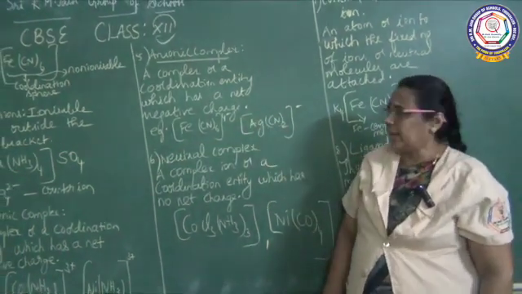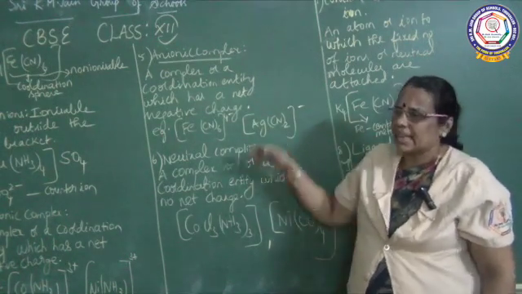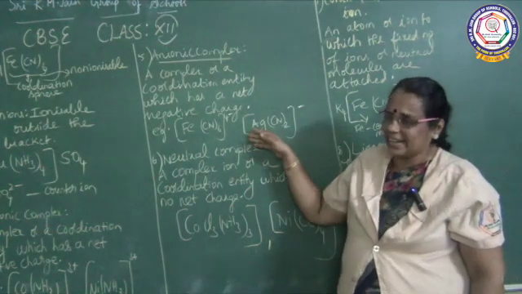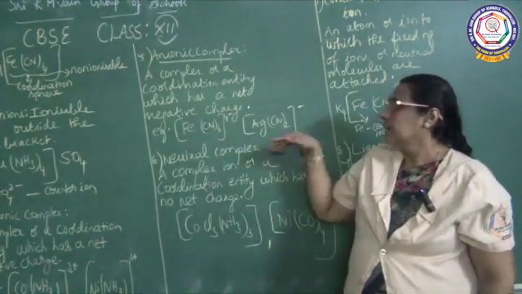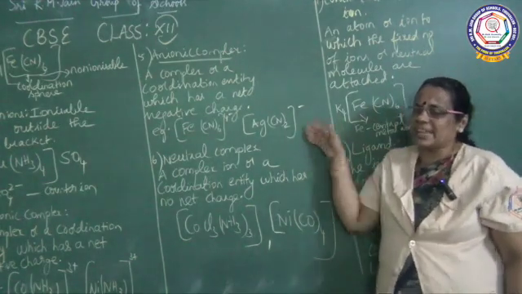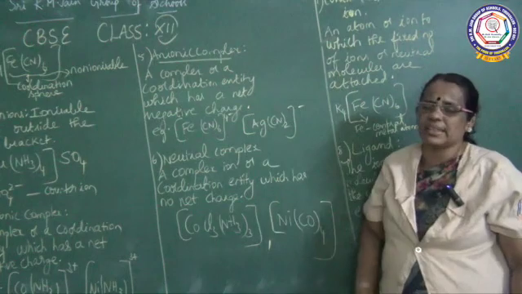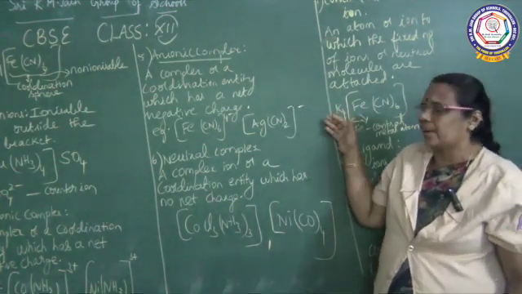Here the complex has 4 negative charges. The complex has a negative charge, so we can call it an anionic complex. Similarly, Ag(CN)2 minus. Here also outside the square bracket above we can see the negative charge. The coordination entity has a negative charge, so it is an anionic complex.